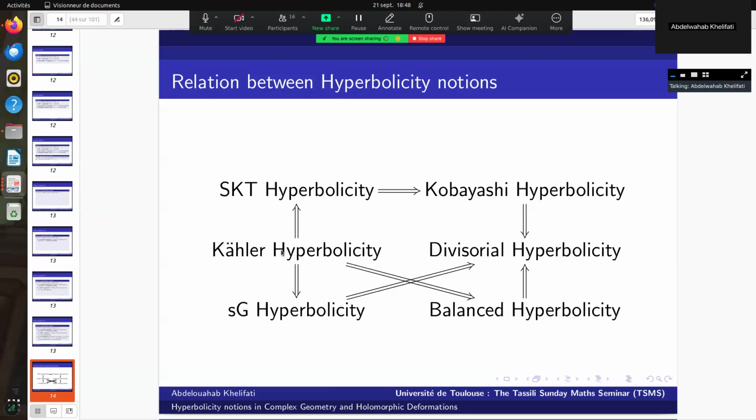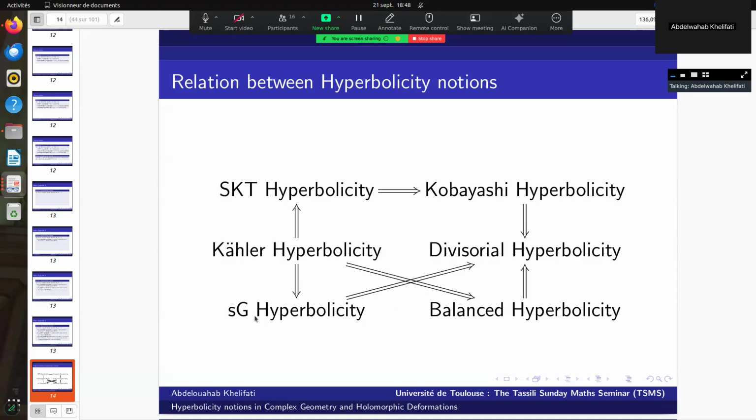Okay, and as you can see, Kähler hyperbolicity and SKT hyperbolicity are properties in degree 1. They imply Kobayashi hyperbolicity. And the implications that we have in terms of metrics are also preserved. For instance, we know that Kähler implies SKT, so also in terms of hyperbolicity. Kähler implies balanced, Kähler implies strongly Gauduchon. So this is still true in terms of hyperbolicity.